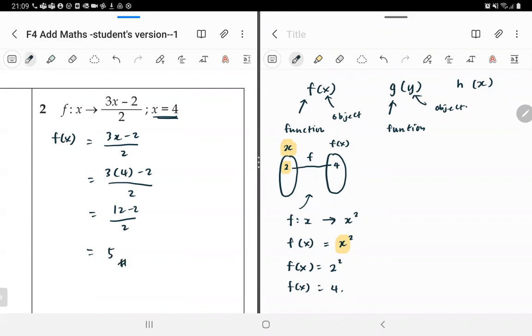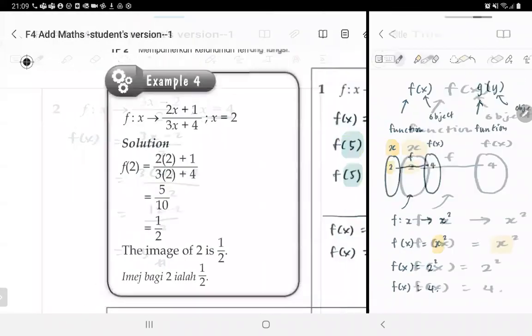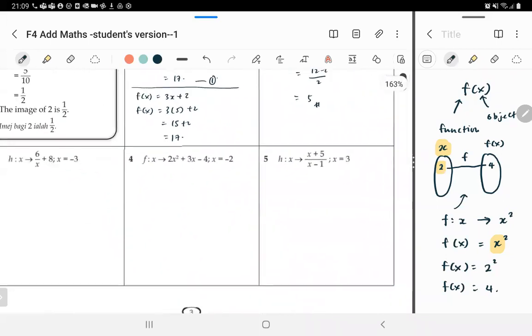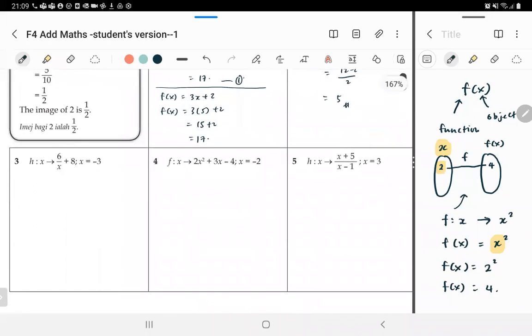Easy, huh? Okay, you try on your own for a few questions here. These 3 questions, question number 3 to 5. Tell me the answer once you get it.